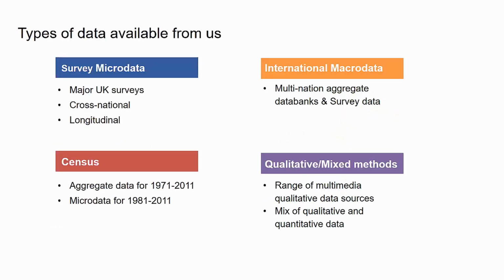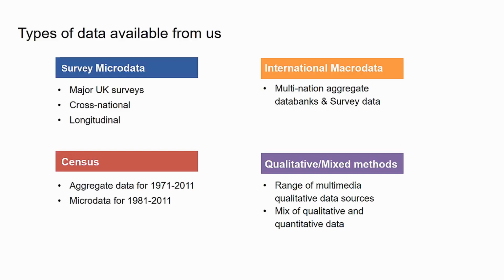We hold just over 7,800 datasets of a number of types and with new datasets being added all of the time. Here we focus on 4 key types of data. These are our most popular data. Survey microdata, for example, the Understanding Society series or the Quarterly Labour Force Survey series.